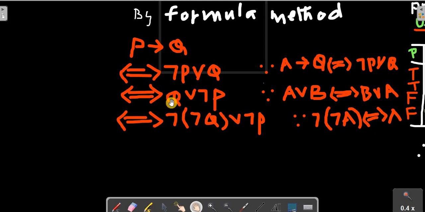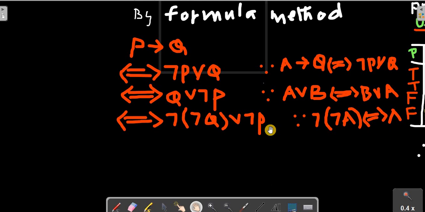So this Q can be written as negation of negation Q, so P can be written as negation of negation Q or negation P. All others are same as it is.